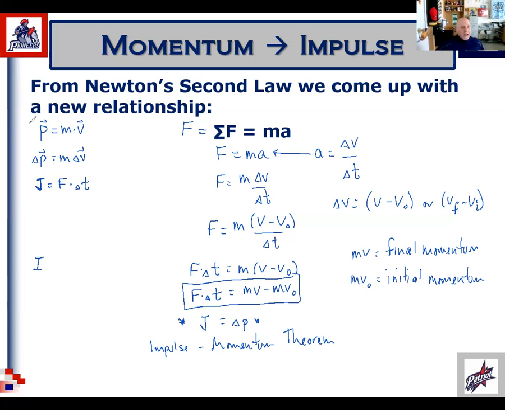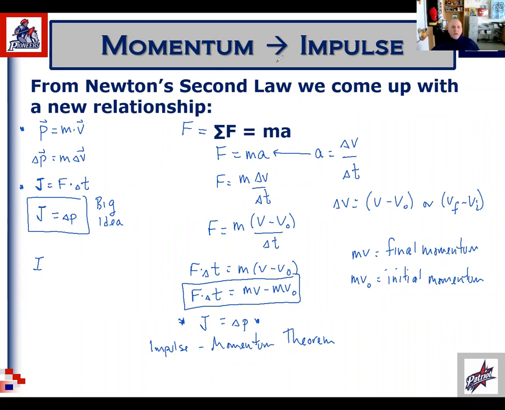I would assume this should be on the formula sheet. They give you this, but not directly. And then we have the theorem, which says the impulse applied to an object is equal to its change in momentum. This is what I call the big idea, the big concept: the impulse equals the change in momentum.